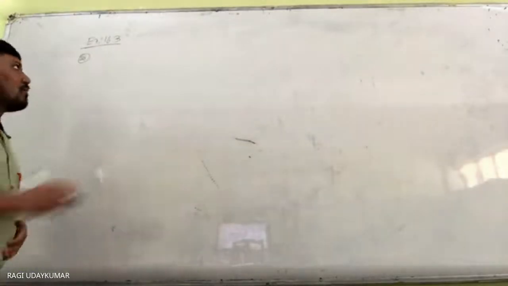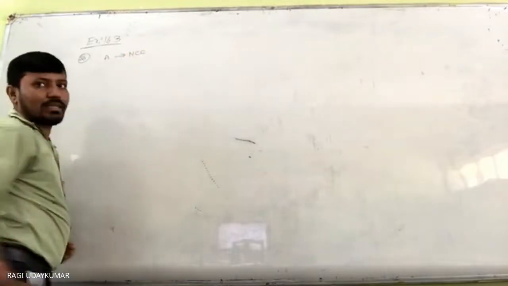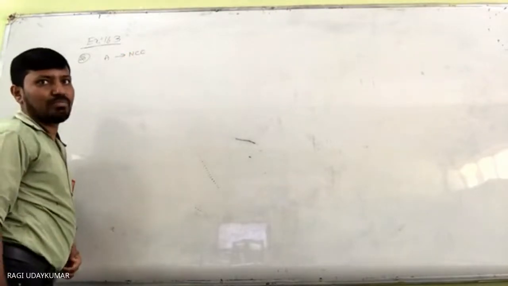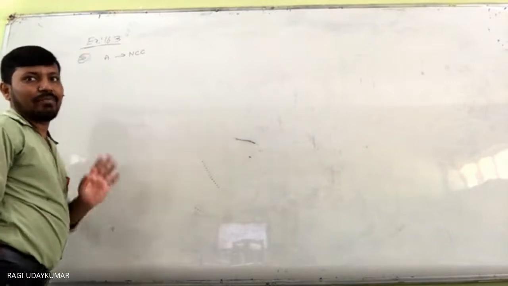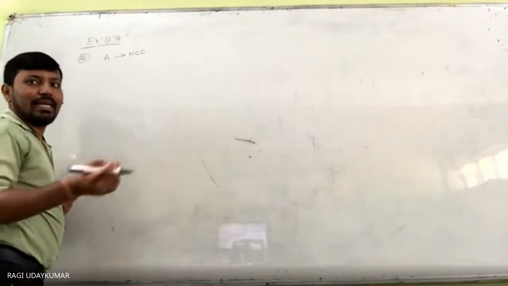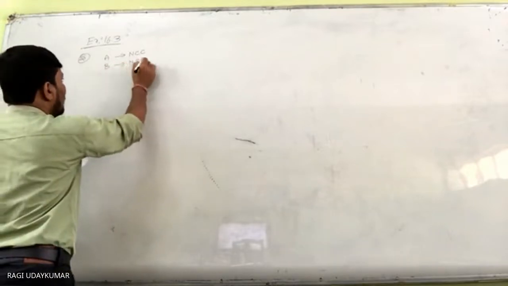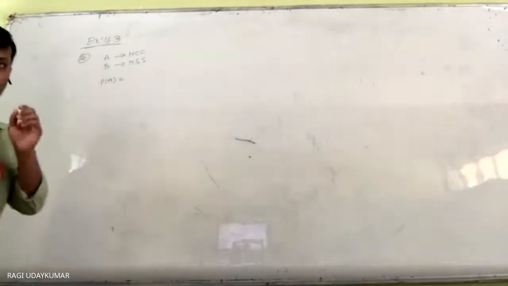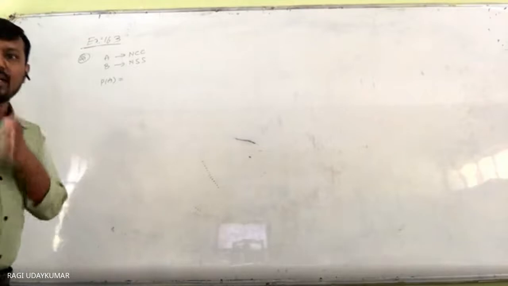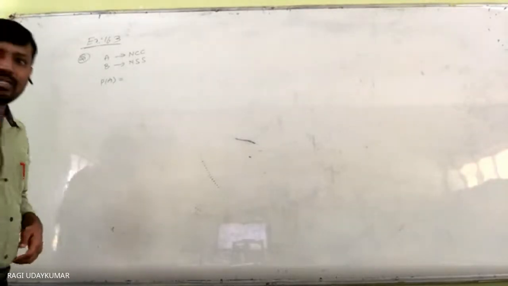For an easy purpose, let us represent the students who selected NCC by event A, and those who selected NSS by B. As per the question, probability of A is equal to the number who opted NCC over the total number of students, which is 60.